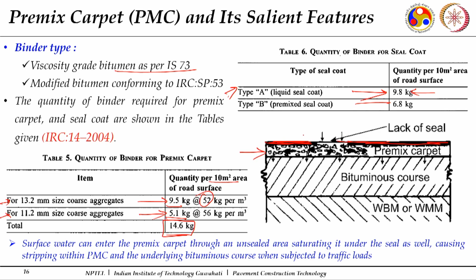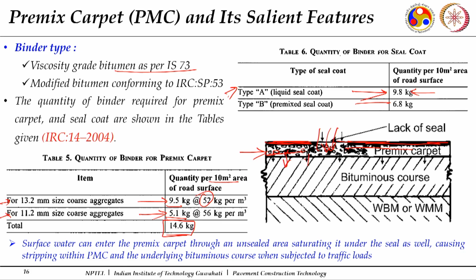If there is some part where the seal coat application is not proper or not adequate, then the surface rainwater may enter inside. And once it enters, because it is an open graded one, the water will stay within this mix itself. We have not designed an open graded mix for movement of water to the lateral drains. So this water will remain inside this layer.